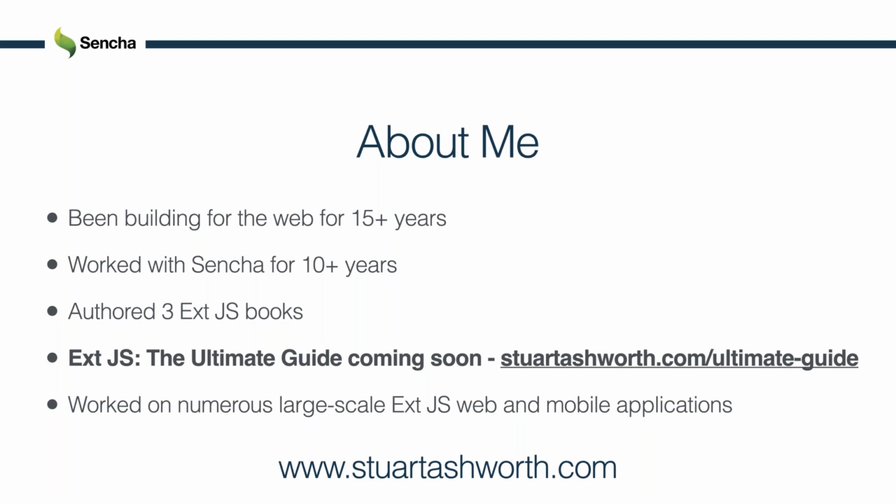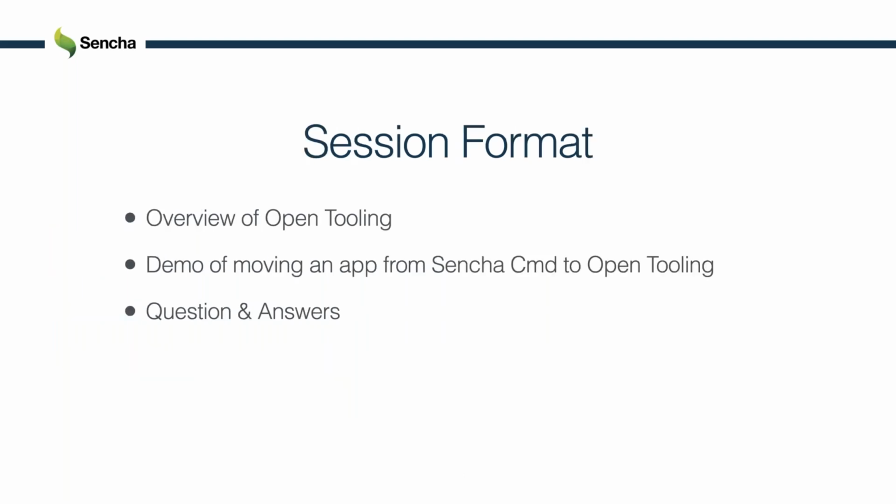So today we're just going to do a quick overview of the open tooling, with some slides with info on all the details about it, how it fits into the existing tools, and what the pros and cons of using the open tooling are. And then we're going to move on to a couple of demos to create a new app with the open tooling from scratch.